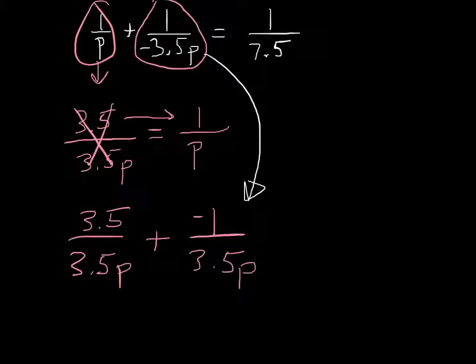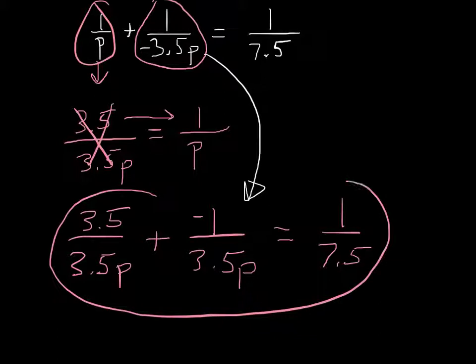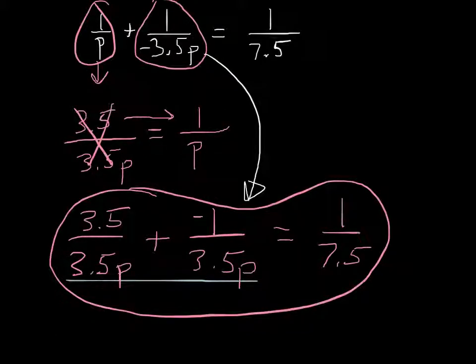So I'm good there. And all of this is going to be equal to 1 over 7.5. So now I have a new equation to solve by finding this 3.5p common denominator, so I can add my fractions.